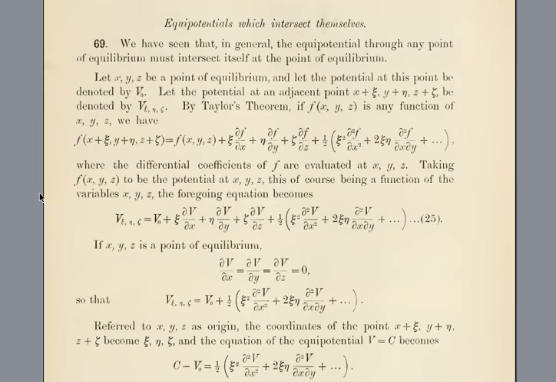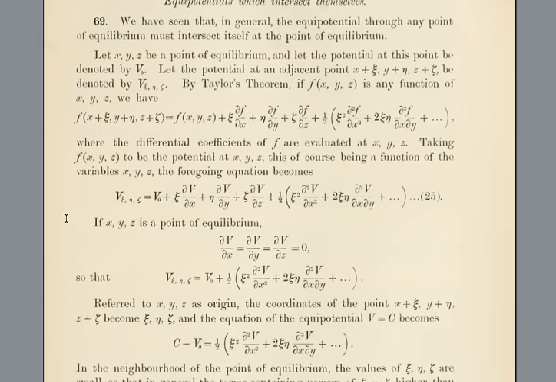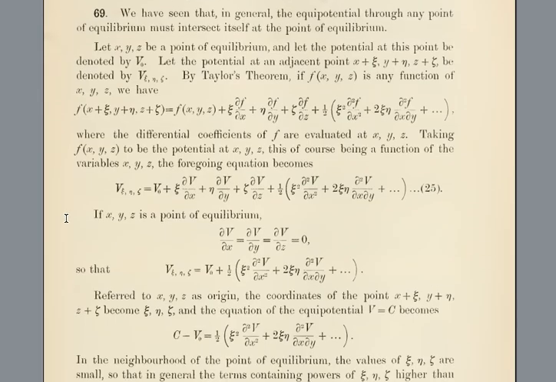Taking the function f of x, y, and z to be the potential at x, y, and z, this of course being a function of the variables x, y, and z, the foregoing equation becomes potential at the displaced point equals potential at the original point plus first derivatives of the potential with respect to x, y, and z multiplied by the respective displacements plus 1/2 the sum of the second derivatives multiplied by the squares of the displacements plus higher order terms.